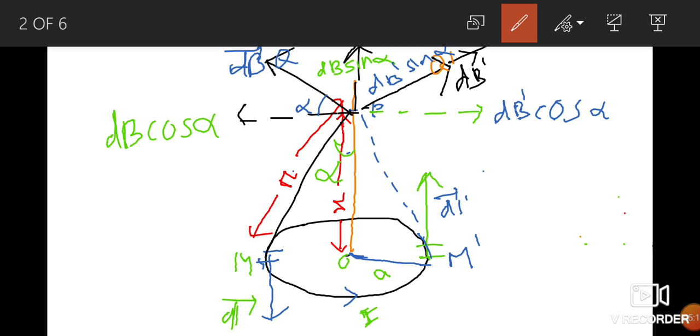Resolving it we get dB dash sin alpha and dB dash cos alpha. dB cos alpha and dB dash cos alpha are opposite and equal to each other, so they cancel out, and we get dB sin alpha and dB dash sin alpha, and from that we can find out the magnetic field intensity at P due to the circular conductor.